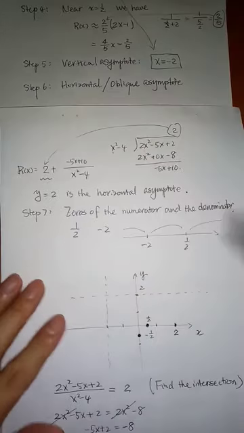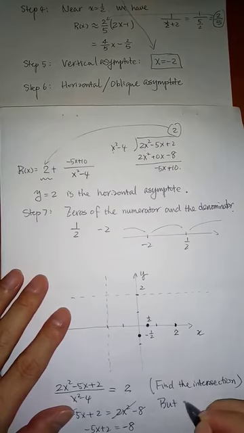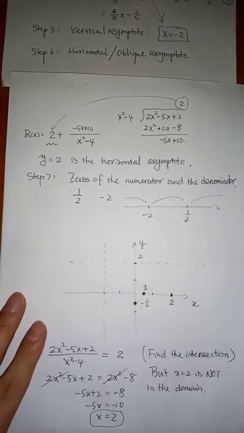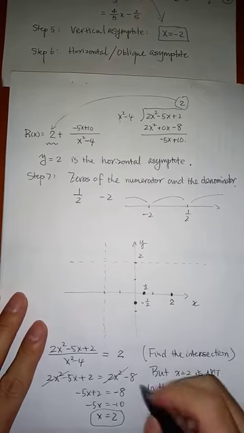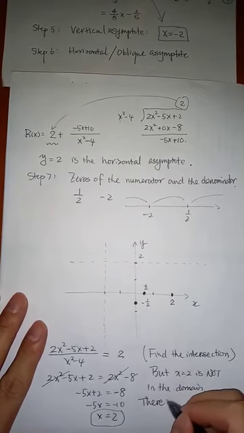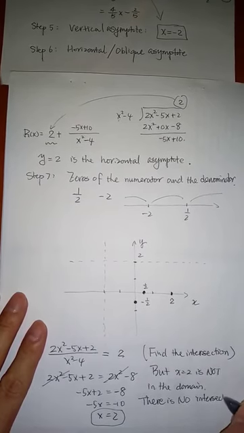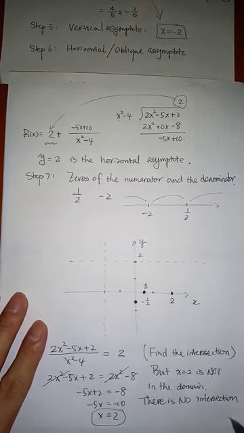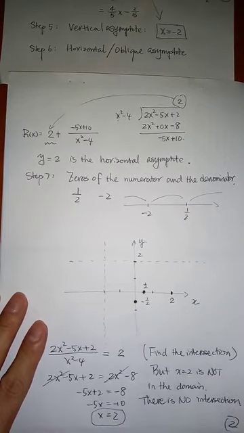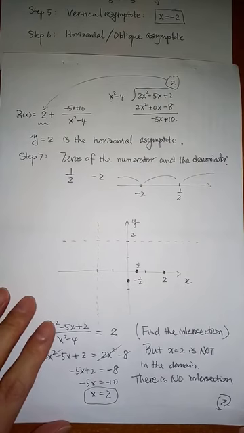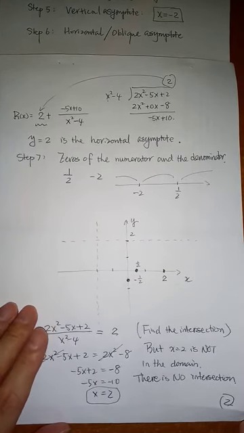So if 2 is not in the domain, it means there is no intersection between the graph of the function and the horizontal asymptote.